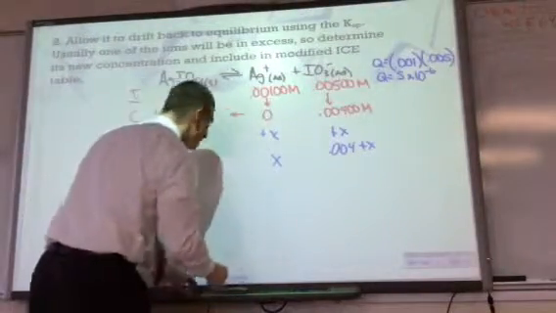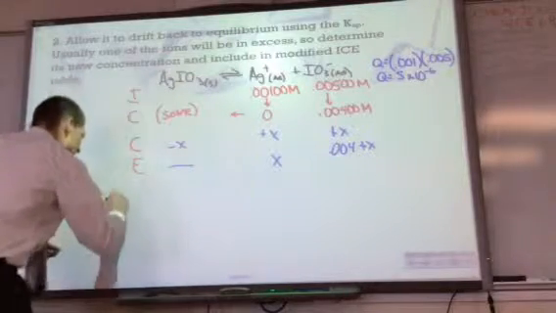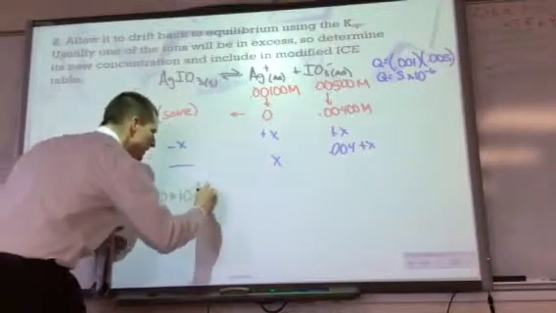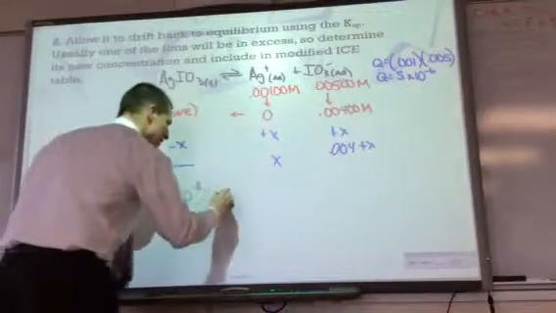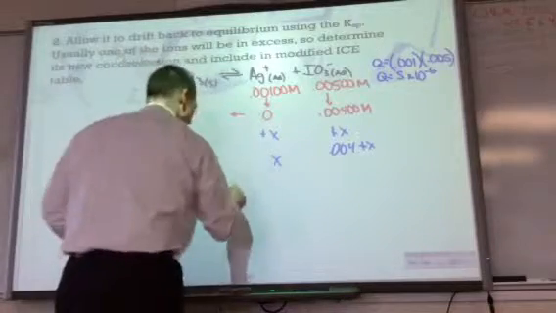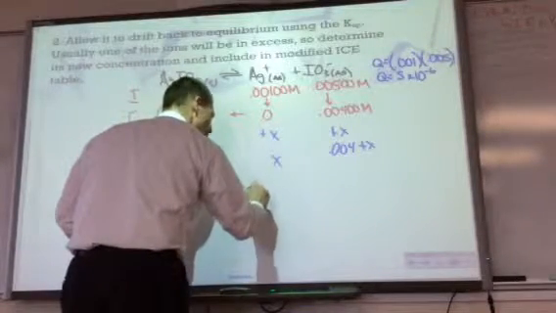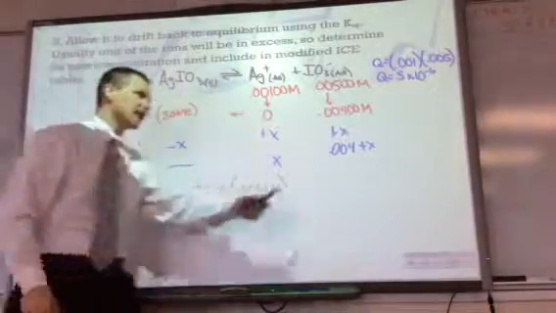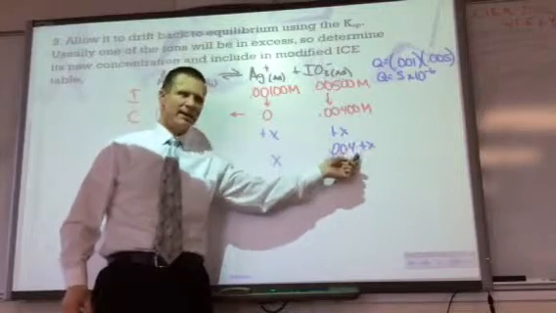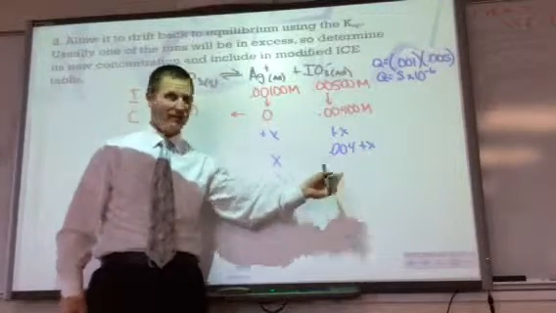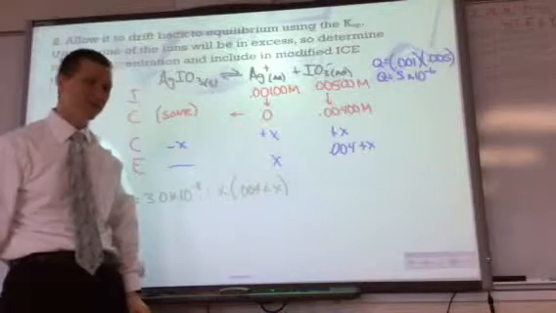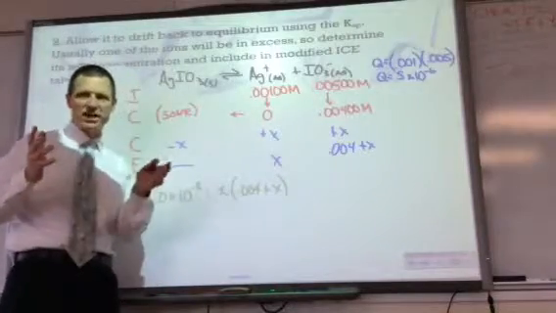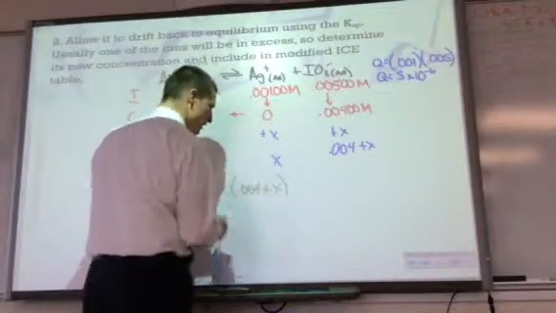So KSP equals 3 times 10 to the negative 8, and that's equal to the silver concentration, x, times the iodate concentration, which is 0.004 plus x. Is that x small enough that we can neglect it? 0.004 is pretty small already, but is x small enough that we can neglect it? I hope so. But let's try the 5% rule. Let's go ahead and neglect it. We'll check it later.